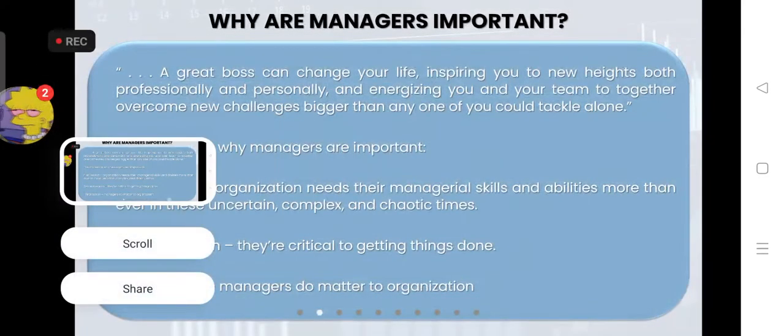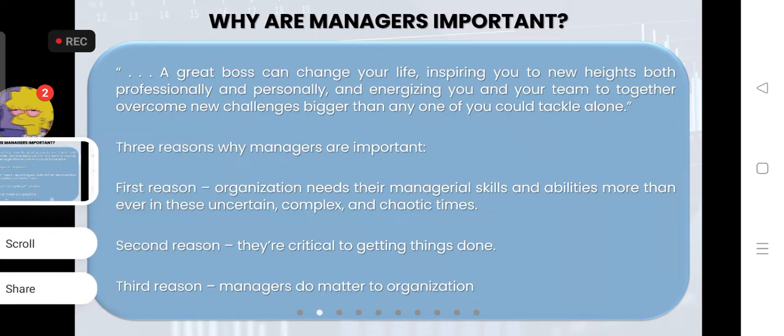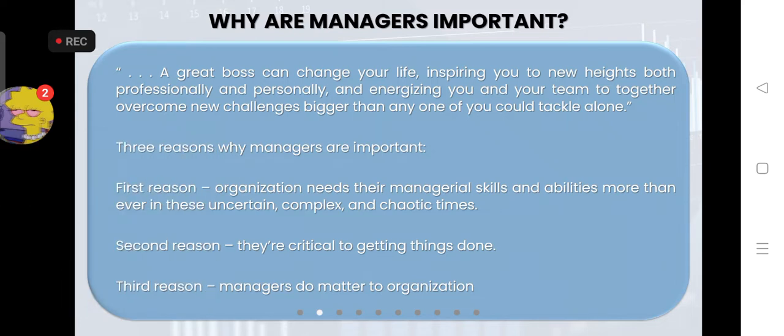So why are managers important? A great boss can change your life, inspiring you to new heights both professionally and personally, and energizing you and your team to together overcome new challenges bigger than any one of you could tackle alone.